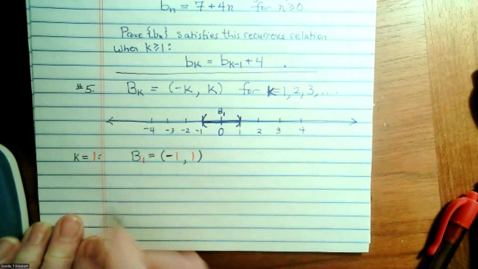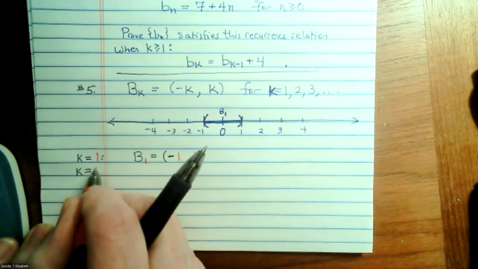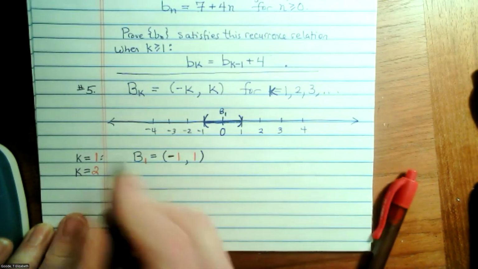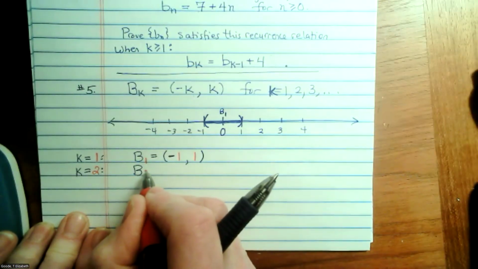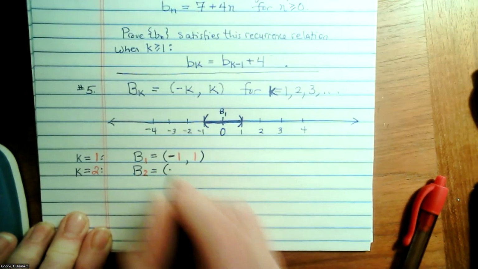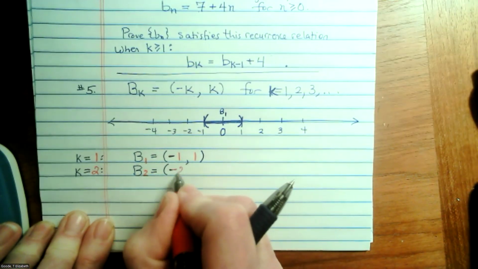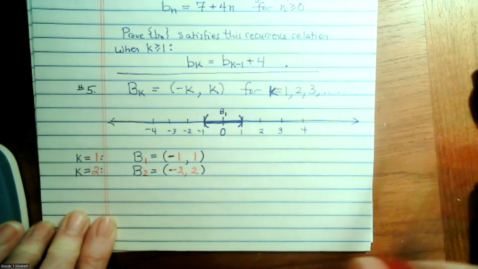And what is b sub 2 going to look like? -2 to 2, and it's not including -2 to 2, so it'll be soft brackets. On the number line, it'll be soft brackets on the -2 and 2. So I'll do it in red.